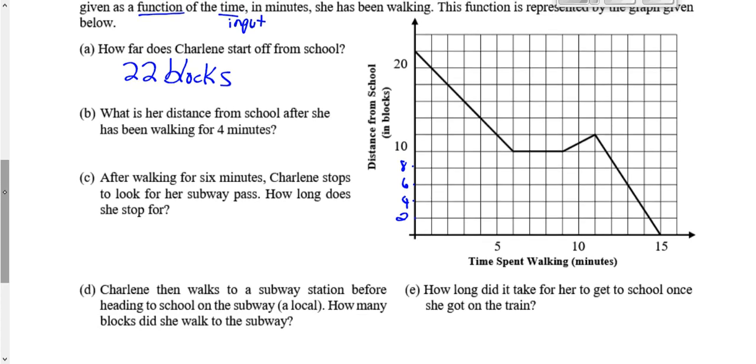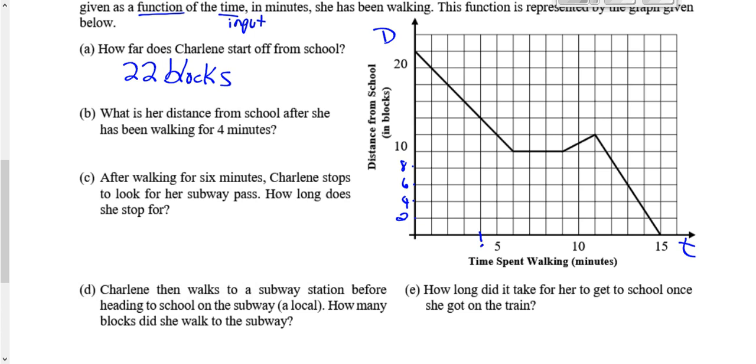Part B, what is her distance from school after she's been walking for 4 minutes? So let's go on. We'll call this the t-axis. Maybe we'll call this the d-axis for distance, right? Instead of x and y, it's more specific. Okay, so after 4 minutes, what do these count by on the t-axis? 1.